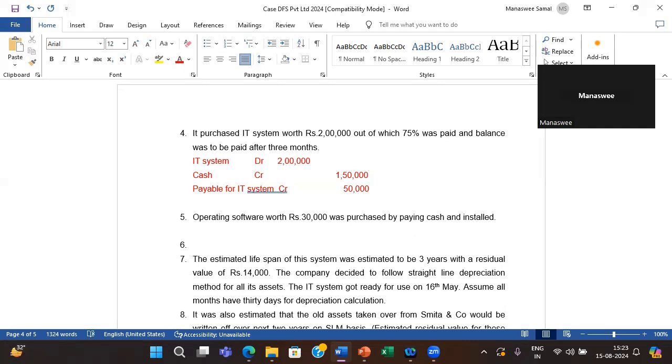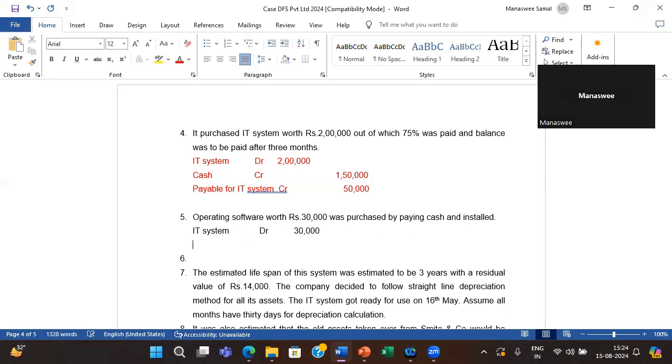We're not going to open operating software as a different asset. We'll debit the same old IT system account, IT system debit 30,000, because the asset value is increasing. Then we have paid cash, means cash will decrease. So if the asset decreases, credit 30,000.